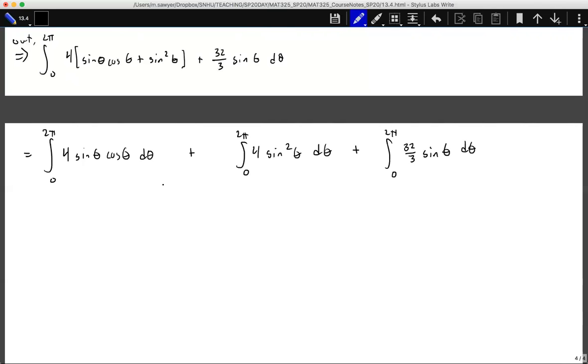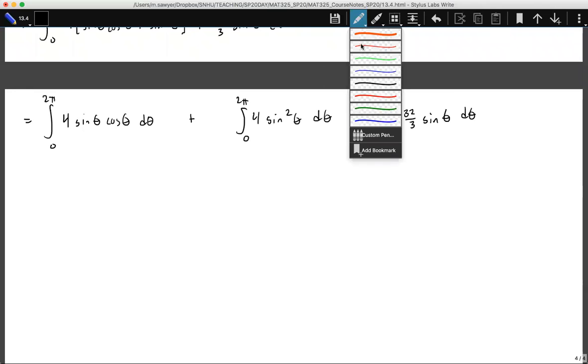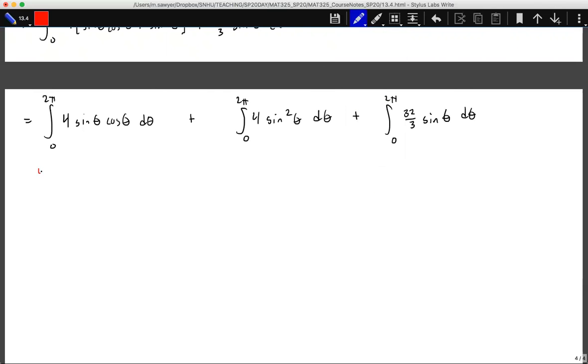Some of these terms are easier to integrate than others. For example, the first term is a u substitution. If we let u equal sine of theta, du is equal to cosine theta d theta. So we have the integral of 4u du, and then we get 2u squared as our antiderivative.